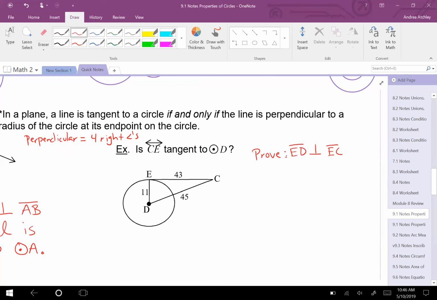A line is tangent to a circle if and only if the radius is perpendicular to it at the point of tangency. So in order to prove that those two lines are perpendicular, I then have to prove that I have a right angle. Prove that angle E is a right angle.